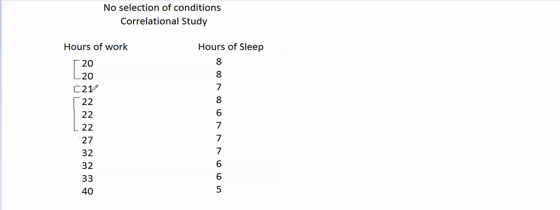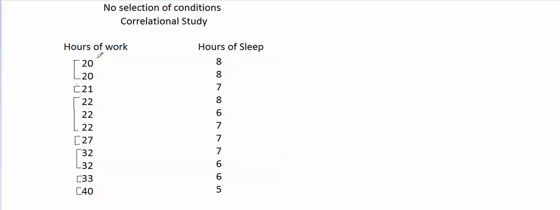This person is a group of one person who's working 21 hours per week. This is a group of three people that are working 22 hours per week. Here's another group of one person who's working 27 hours per week. Here's another group. Here's a group, and here's a group.